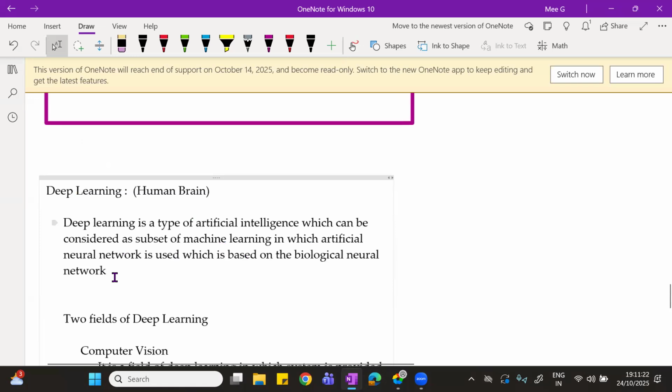Here I will give it in brackets, human brain, based on the biological neural network.